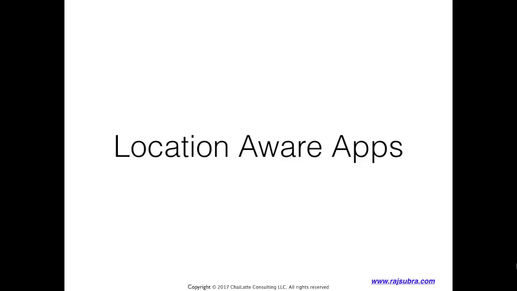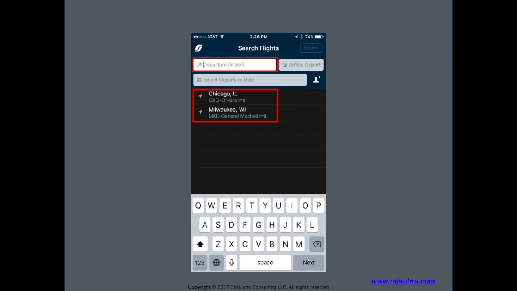What do I mean by that? Say you're using a flight booking app, and when I click on the departure airport field, automatically I get recommendations saying, hey, I think you're looking for a flight from Chicago or Milwaukee, right? And this is right because I live in Chicago.